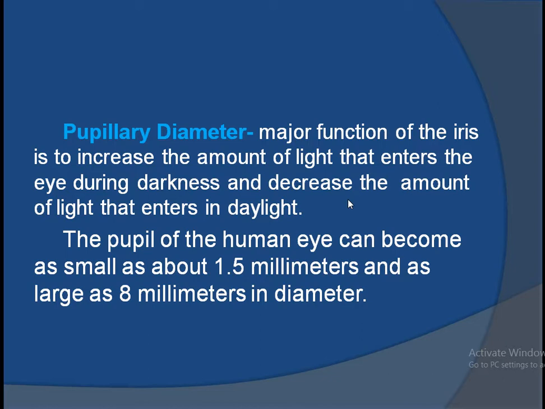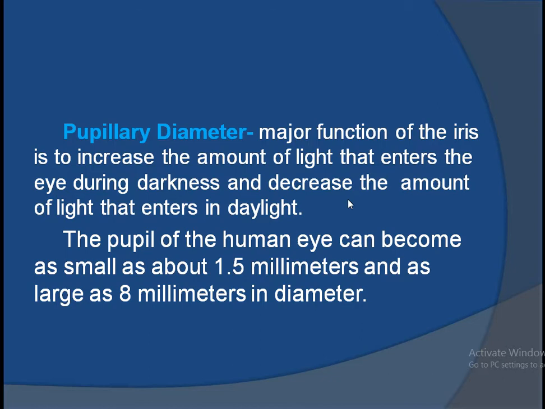So God gave us a gift in this form, that the size of the pupil can be changed according to the intensity of the light rays. The major function of the iris is to increase the amount of light that enters the eye during darkness and decrease the amount of light that enters in daylight.